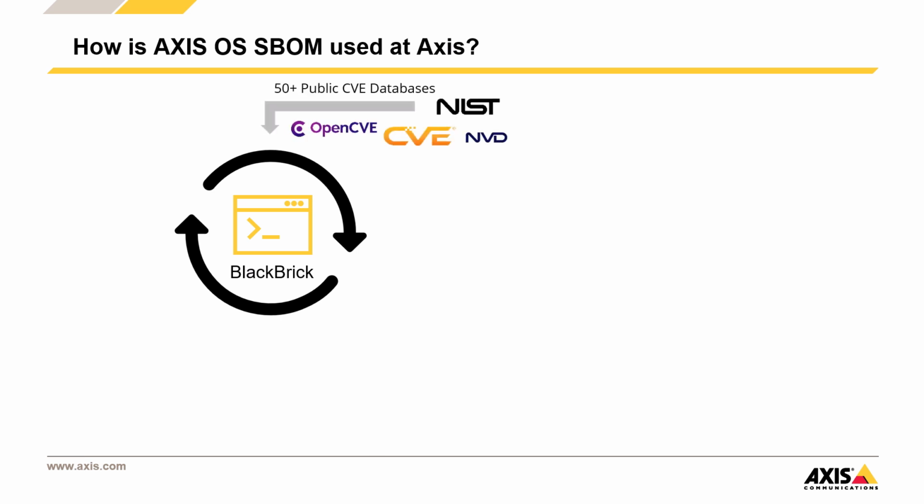It checks the SBOM against more than 50 public vulnerability databases, including sources like NIST, OpenCVE, and NVD. These scans incorporate both SBOM and VEX data, allowing us to determine not only which vulnerabilities are present, but also whether or not they are exploitable in the context of our products.